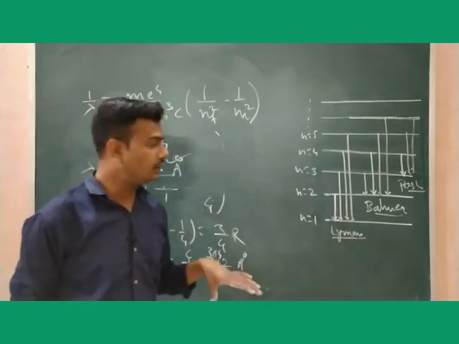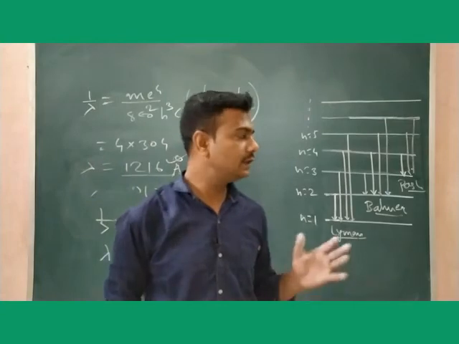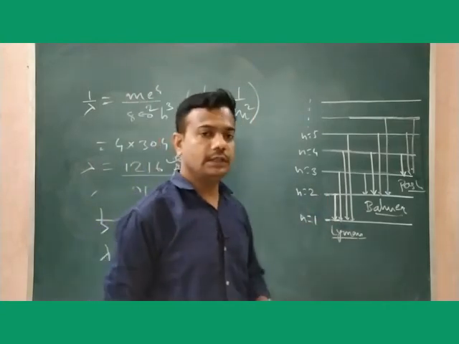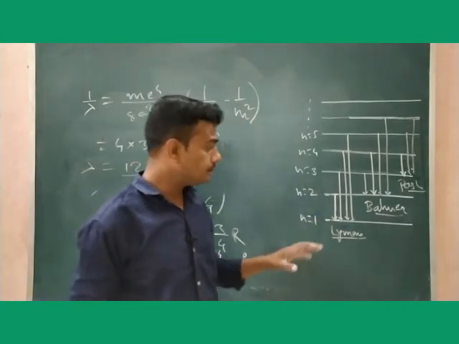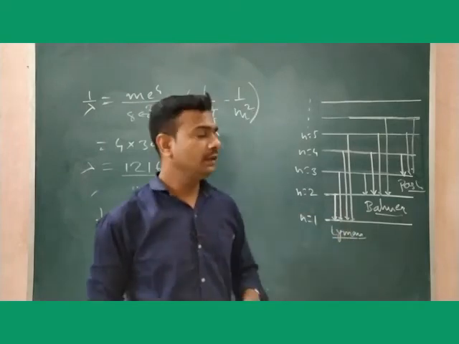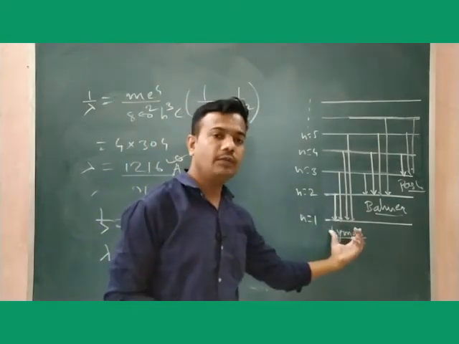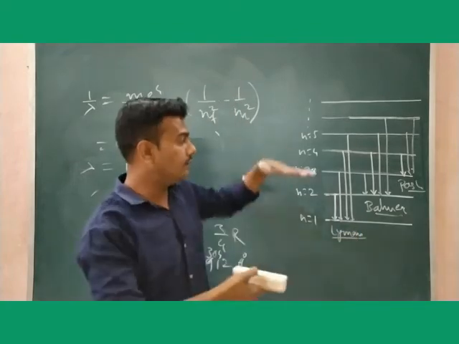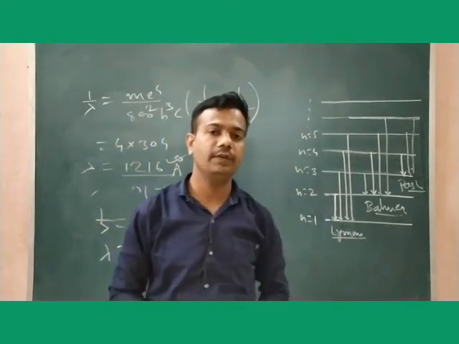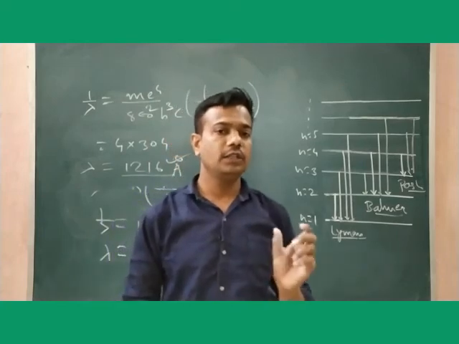Similarly, we can calculate the shortest wavelength emitted by this series. For the shortest wavelength, the electron makes a transition from n equal to infinity to n equal to 1 level. If the difference between these two energy levels is large, we will get the shortest wavelength.